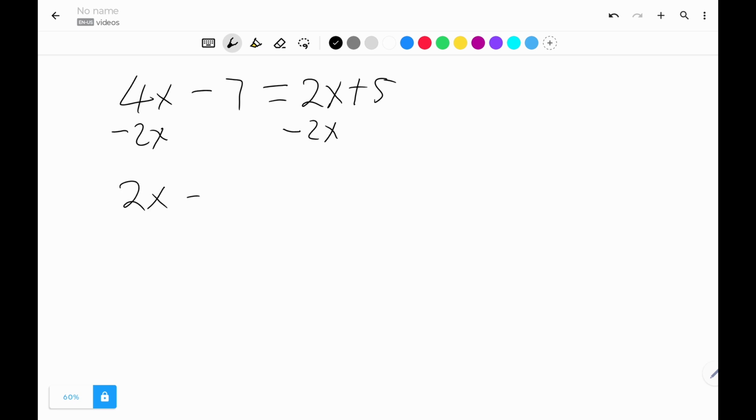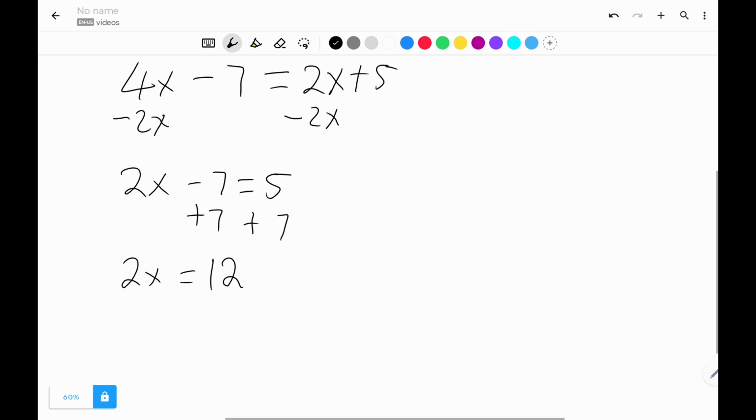So that's 2x minus 7 equals 5. Okay. So this time, this is a negative 7. So we're just going to do the reverse operation. So you just add 7 to both sides. Okay. So now you have 2x equals 15. I meant 12. Sorry. 12.